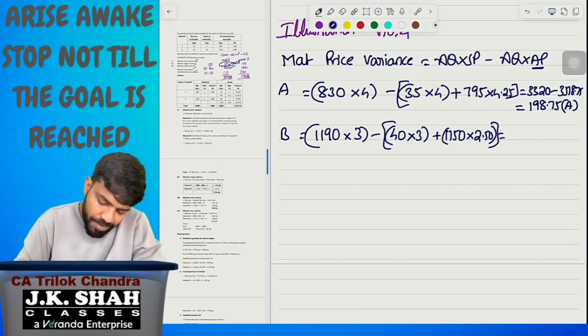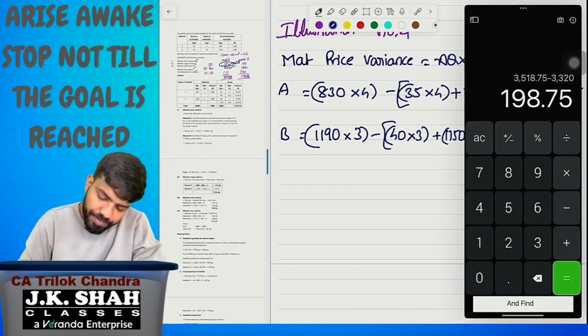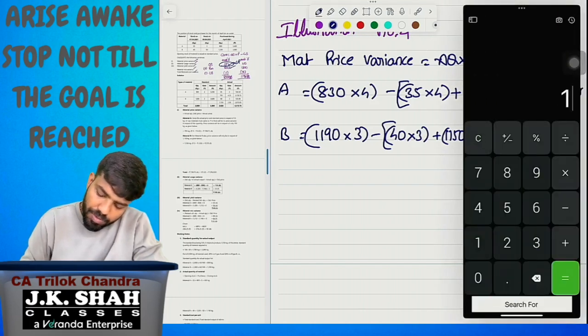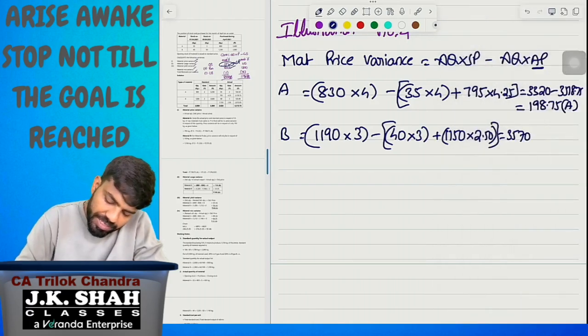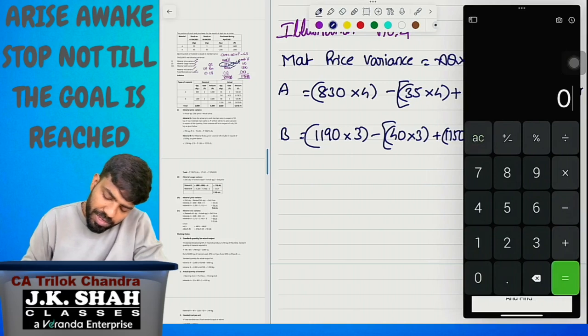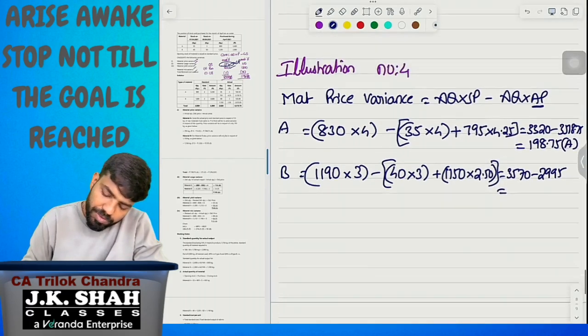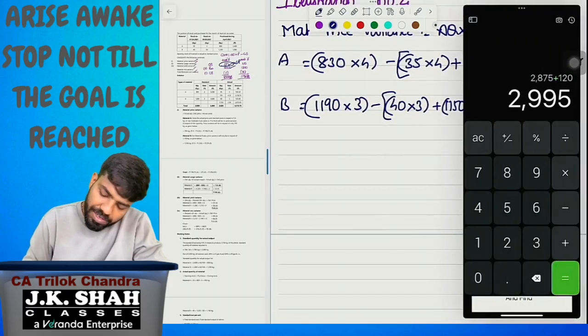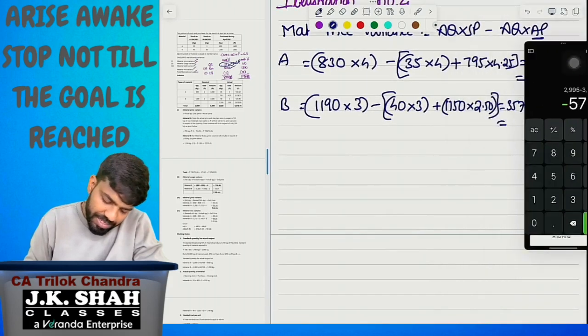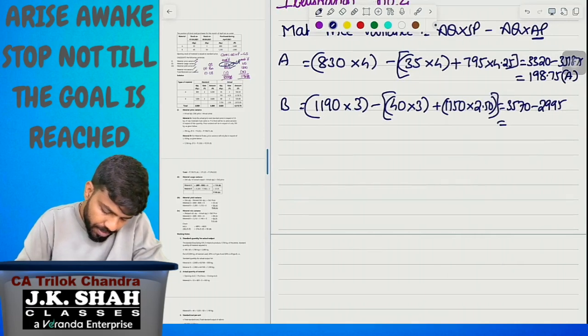Okay, now fine. 1190 into 3 equals 3570. 3570 minus 40 into 3, 120. 1150 into 2.5 equal to 2875 plus 120 equal to 2995. 2995 minus 3570 equals 575. 575 rupees favorable.